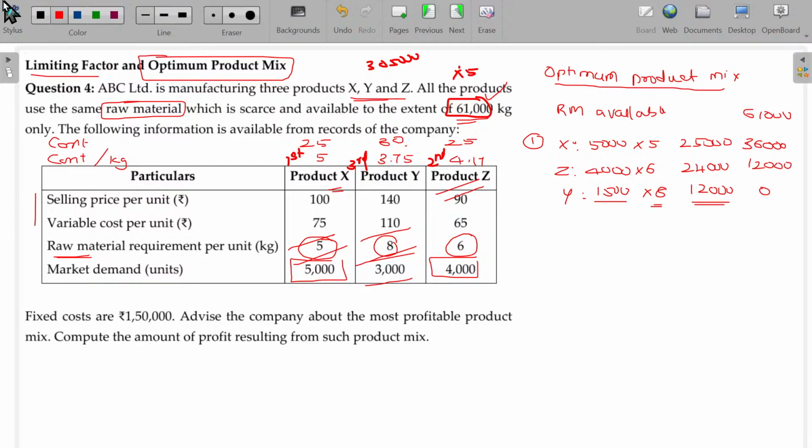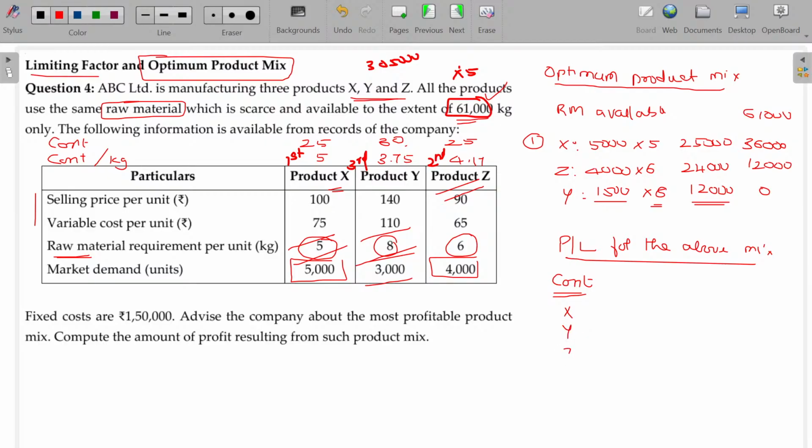Now find out the profit and loss for your mix, the optimum mix recommended by you. Now find out the contribution. From the contribution, you can directly subtract the fixed cost.